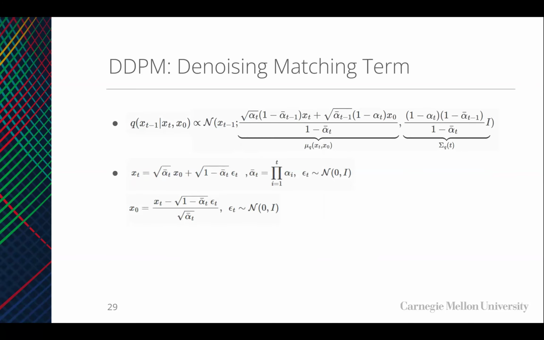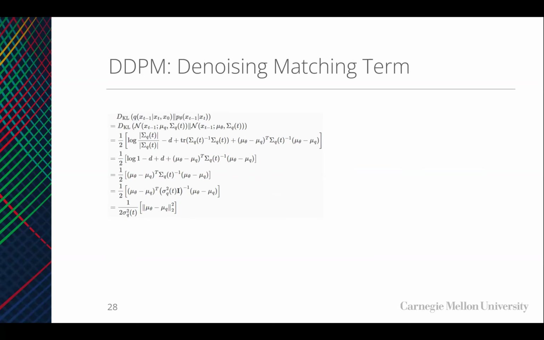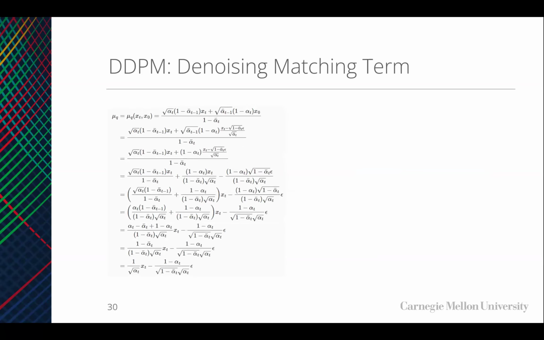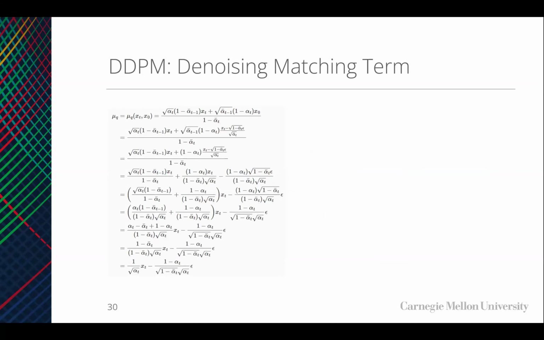And now if we collect our results, this is the q term, right? This is the definition of xt, and we just have the definition of the KL divergence. Now we plug it in, and you can calculate mu q. Mu q is just like this here. You arrive at this with xt and epsilon.